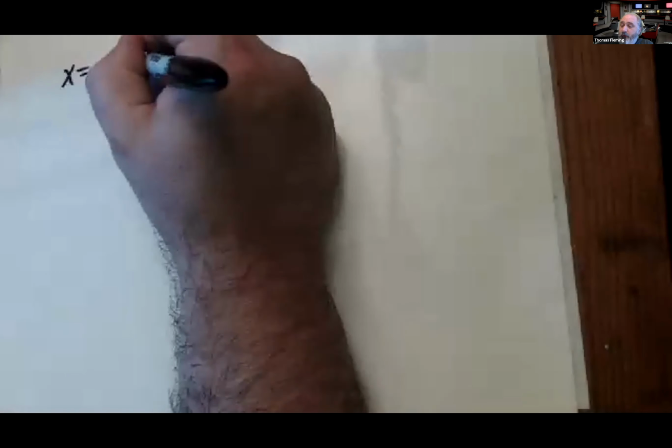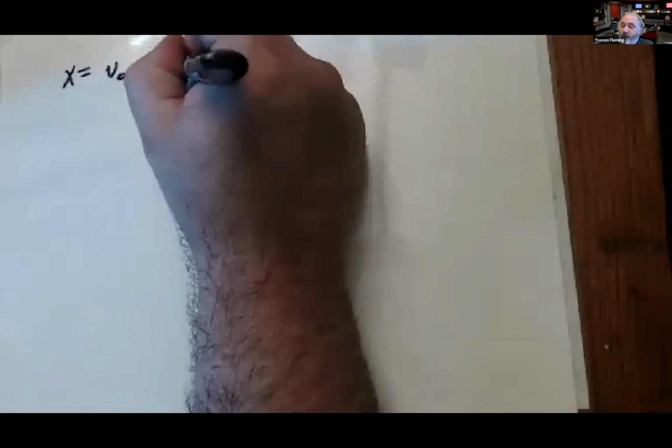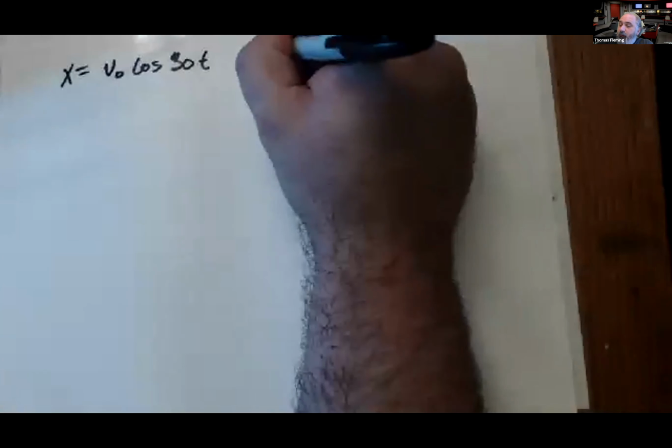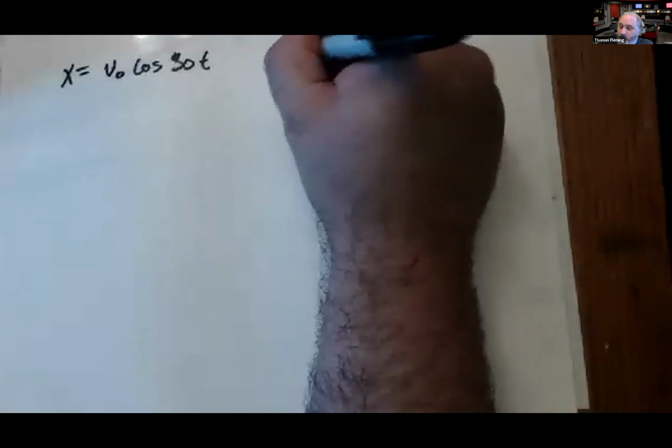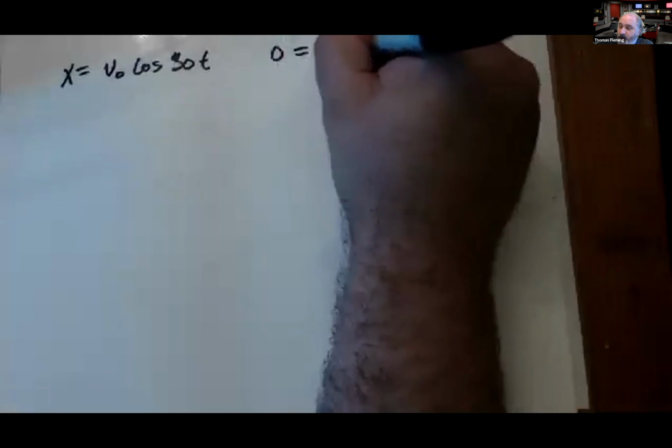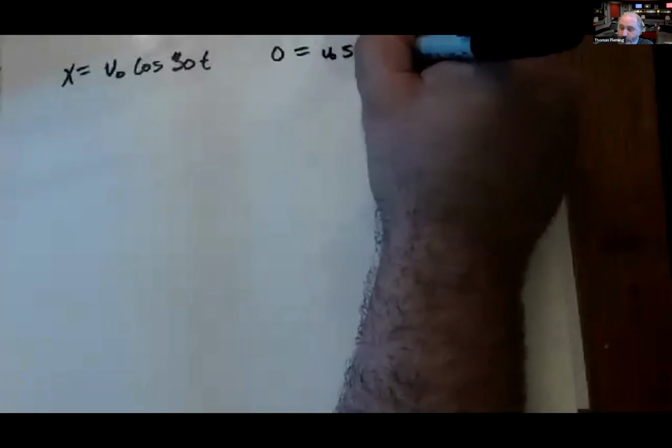Let's write them side by side. I've got x equals v initial cosine 30 times t, and 0 equals v initial sine 30t minus 1/2 g t squared.